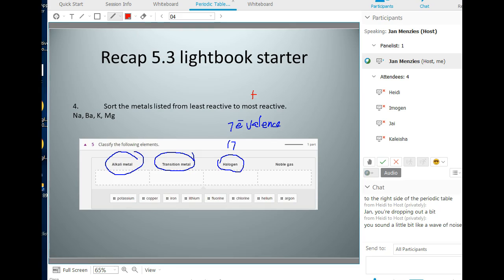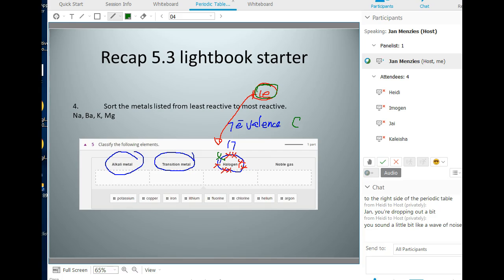So if it can manage to get an electron from some other element, it will go from having 7 of its own valence electrons. So I've got 7. I'm changing my colour scheme. And if it can grab an electron from somewhere else, it now has a stable 8. So it's got 1 extra.